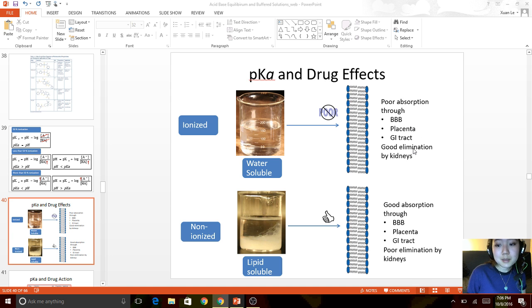But at the same time, it's going to have good elimination by the kidneys because the kidneys eliminate water. And then the unionized substance is going to be lipid soluble, so it's going to have good absorption through the placenta and the GI tract and membranes, but it's going to have poor elimination by the kidneys.